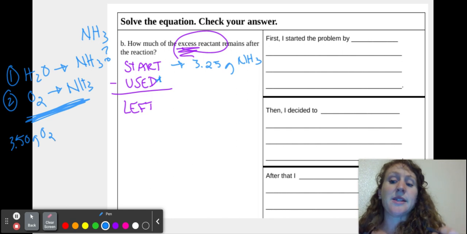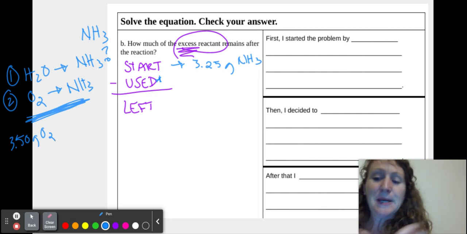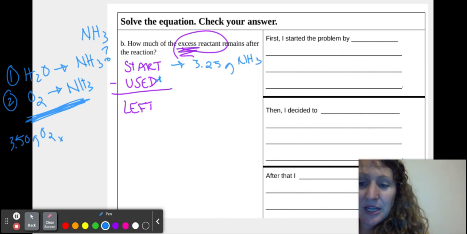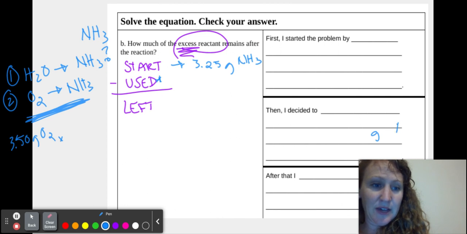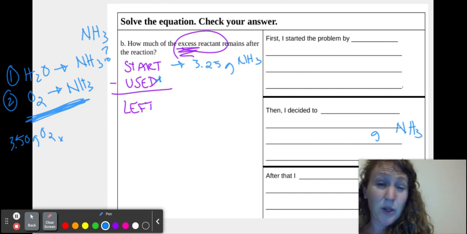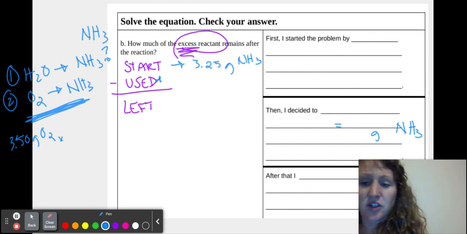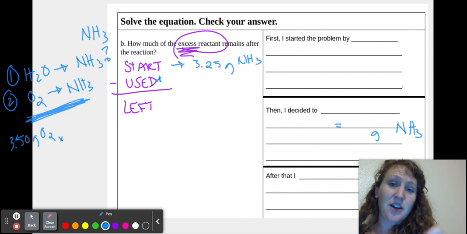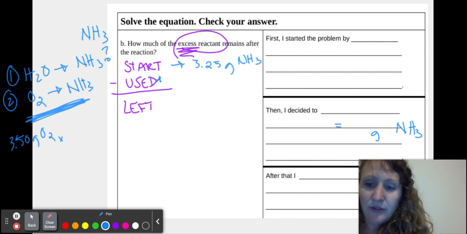So I'm going to use that amount because I know that I didn't make a mistake on that amount. All right, so we're going to use that amount and we're going to convert to grams of NH3 that we would need to react all of that oxygen. Okay, pause the video, see if you can do that calculation yourself.